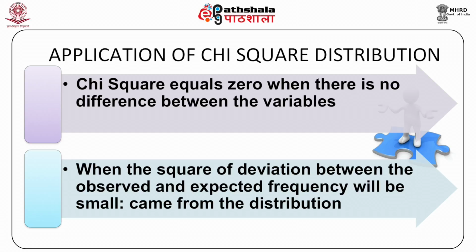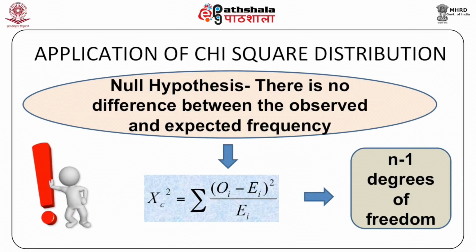When the square of the deviation between the observed and expected frequency is small, we can claim that it came from the distribution. The test is always right-tailed. Null hypothesis: there is no difference between the observed and the expected frequency.